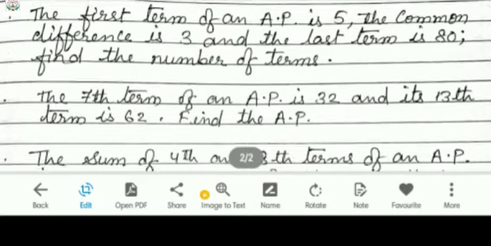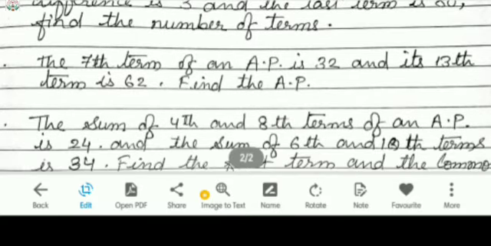Now the third question: the 7th term of an AP is 32, that means A7 is 32. We know the formula A plus (n minus 1) into D, and here n is 7.